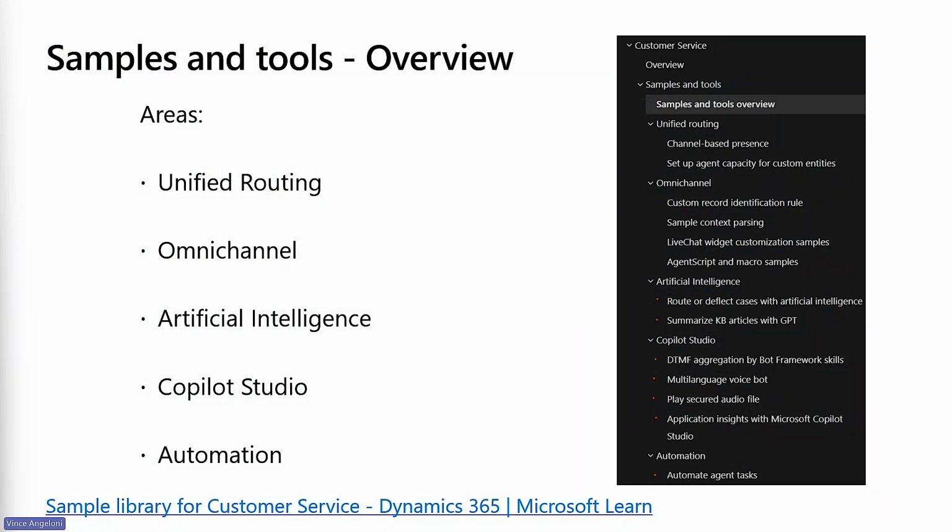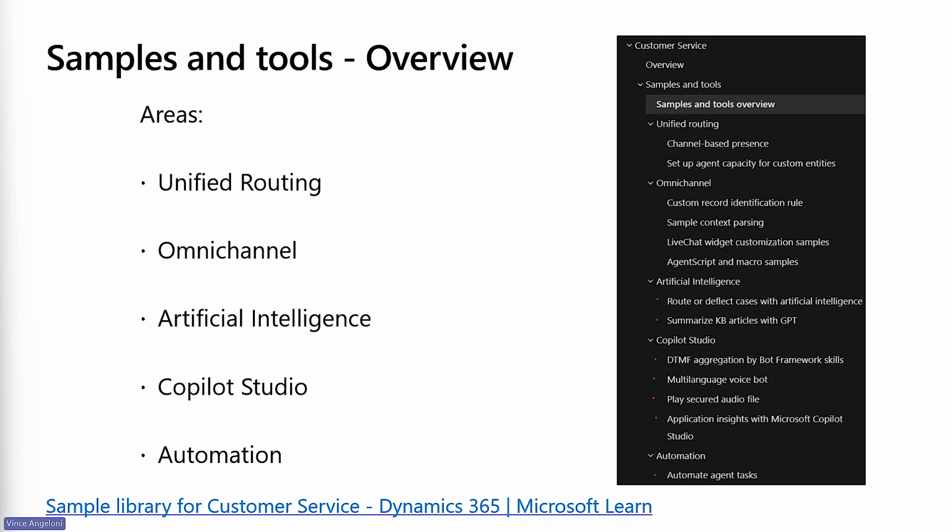This collection of sample code components, solutions, and documents has been created to help customer service projects with various tasks like, for example, customization, configuration, and operation of the platform. The goal of the library is to offer reusable, easy-to-follow resources for customer service developers and users.